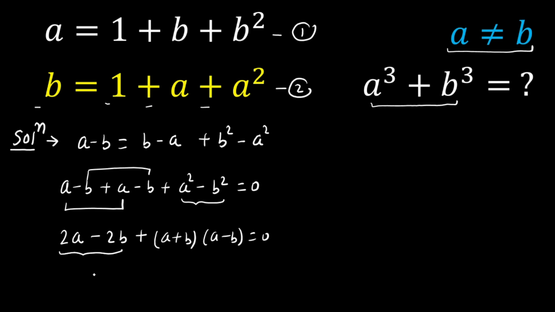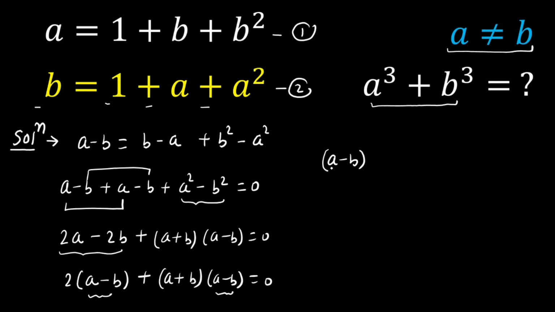Here if we take common 2, then 2a divided by 2 gives a, and minus 2b divided by 2 gives minus b, plus (a plus b) times (a minus b). If we take common (a minus b), then (a minus b) times (2 plus a plus b) equals 0.